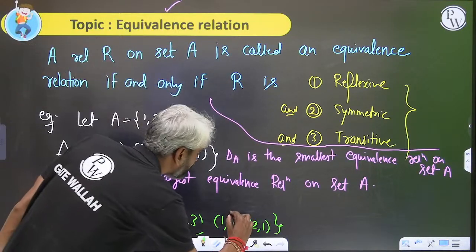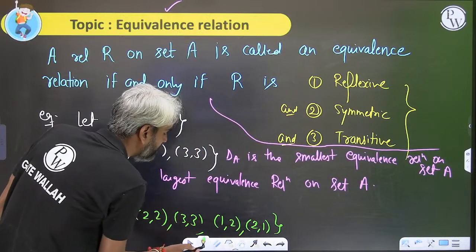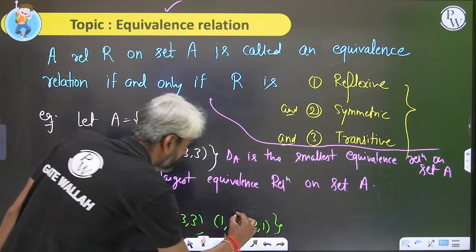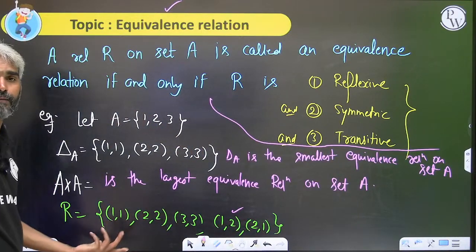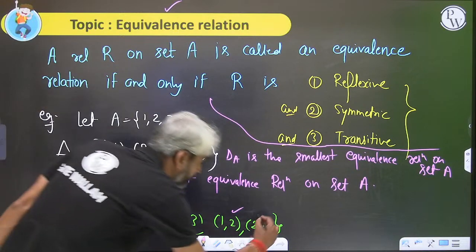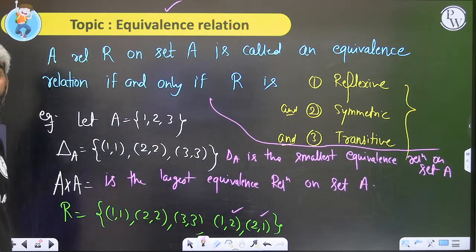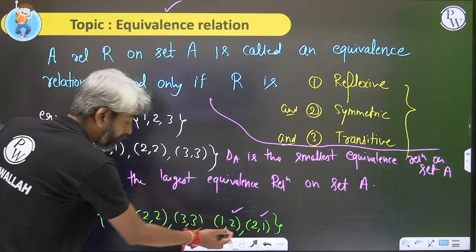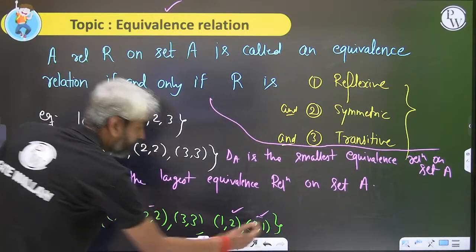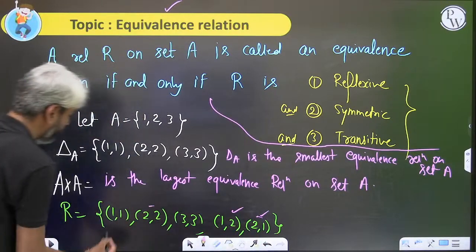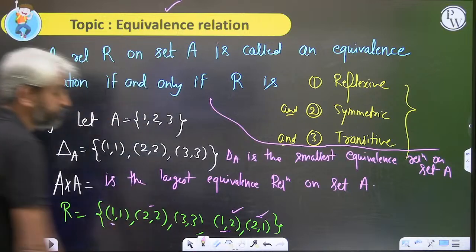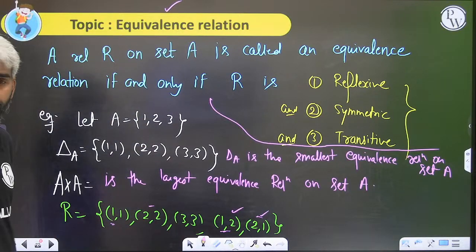So you just need to check with respect to the last element. If it ends with 2, then you only need to compare with the ordered pairs which start from 2. If it ends with 1, then you only need to compare with the ordered pairs which start from 1. So I compared 1 comma 2 with 2 comma 2 and 2 comma 1. Similarly, I compared 2 comma 1 with 1 comma 1 and 1 comma 2. Nothing else needs to be compared.